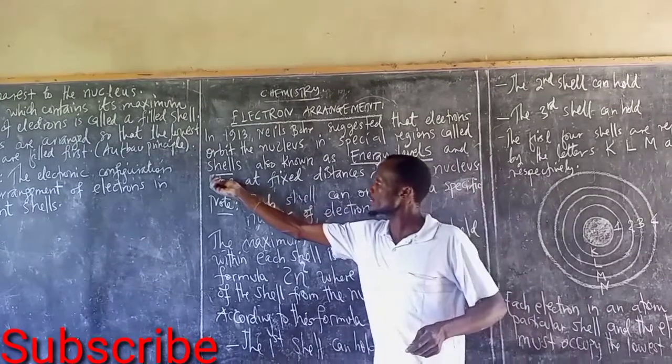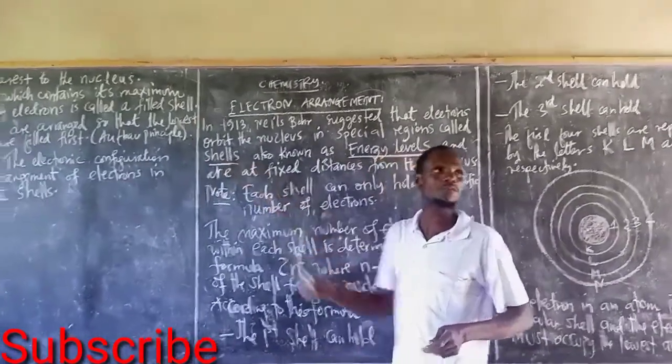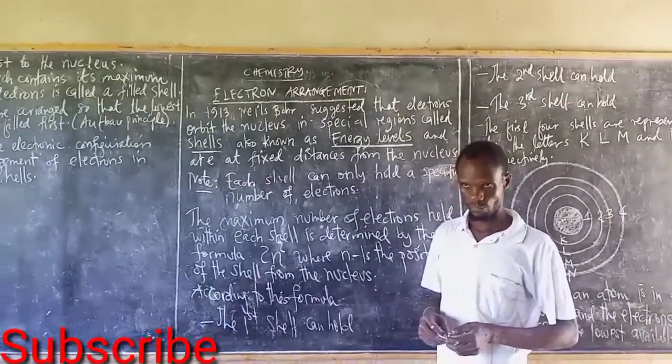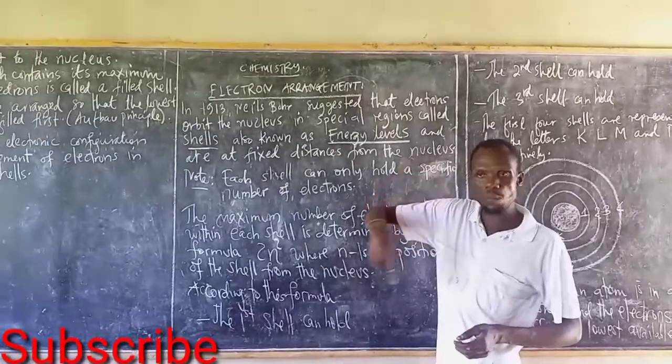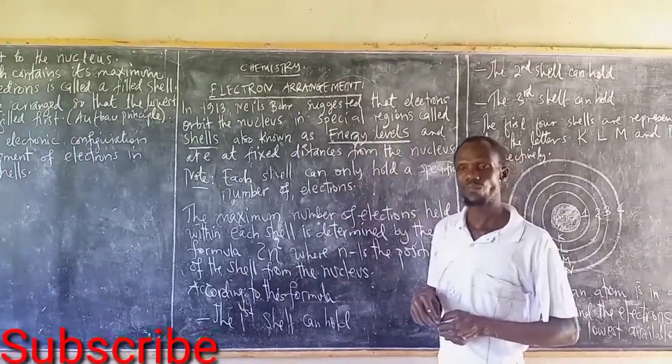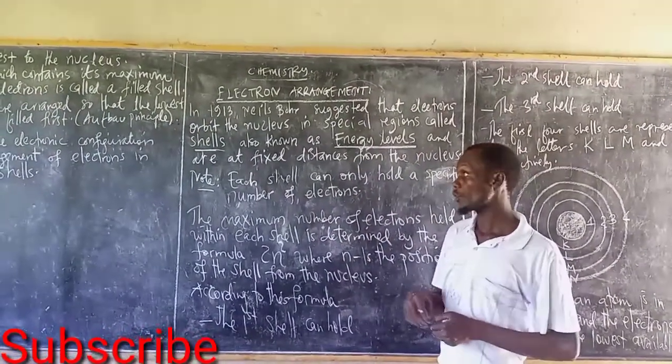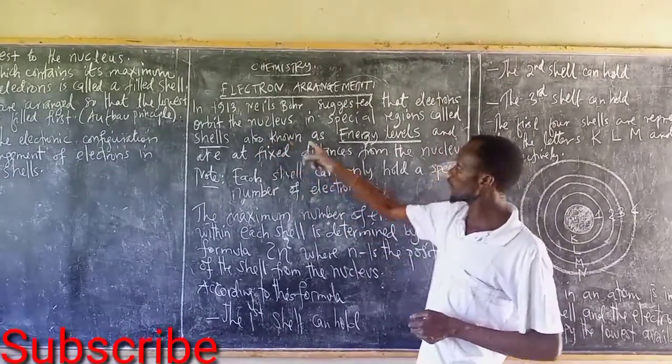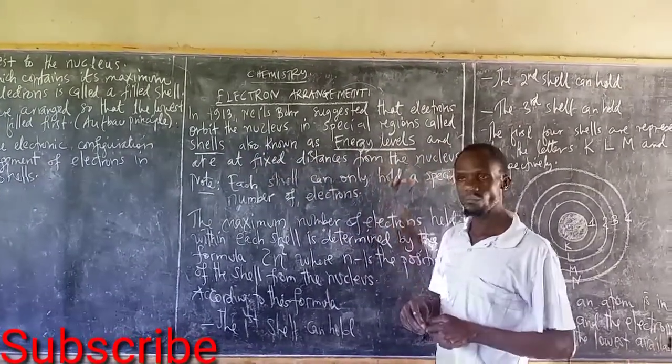Shells are the specified region where electrons pass through, called shells. Or in other words, we call it an energy level.